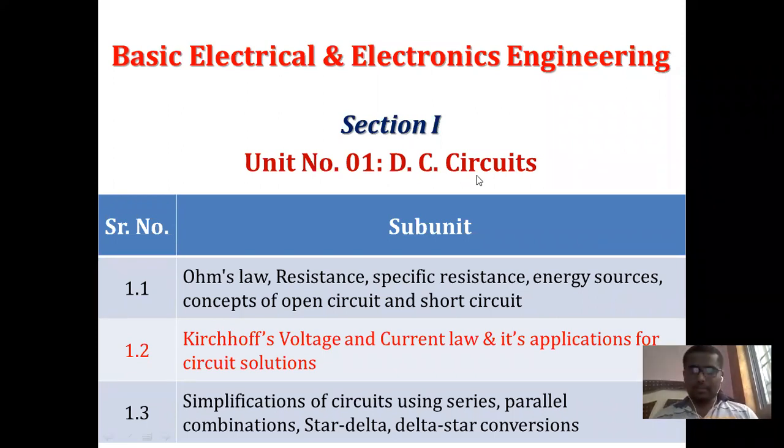But we know the basic things related to a circuit: an energy source, then load resistance, then connecting wire, then a closed path. That is called a circuit. The number of components may be resistor, capacitor, inductor.